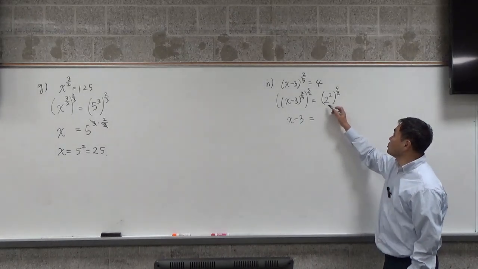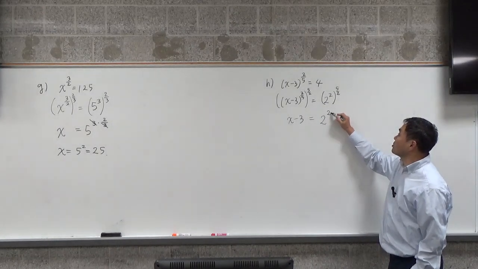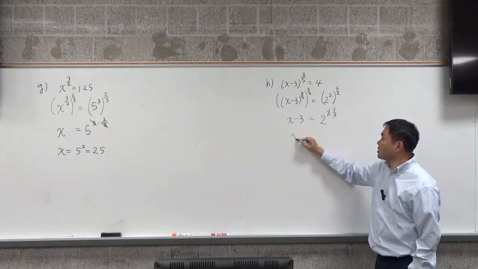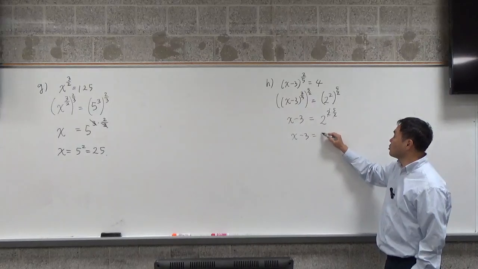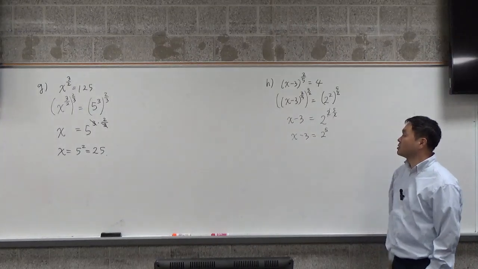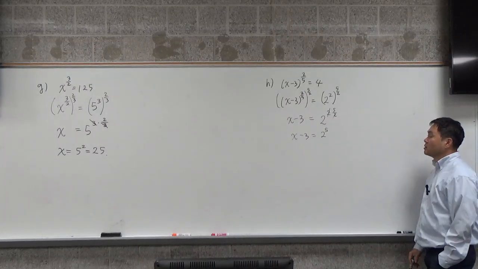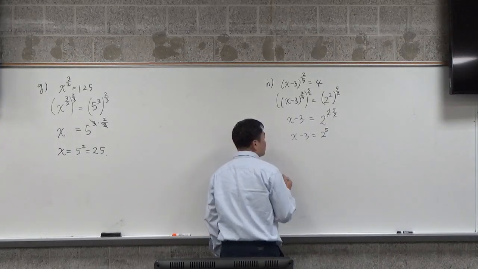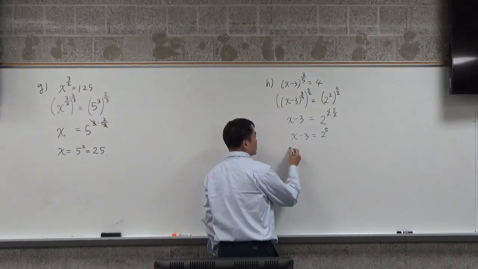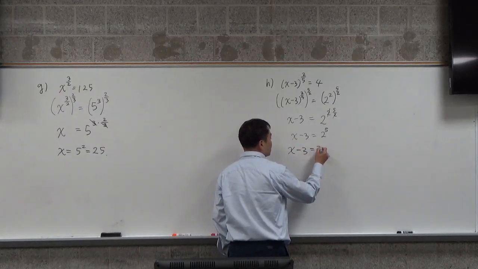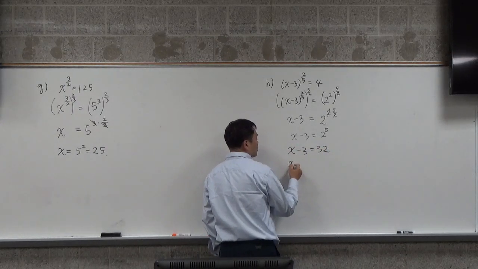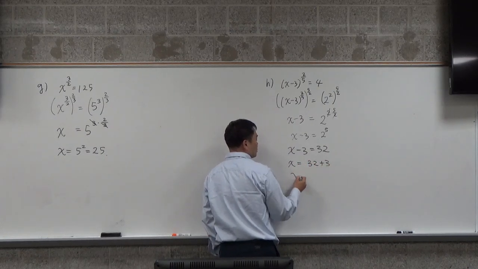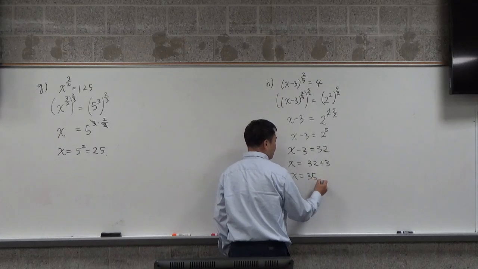On the right side, you have 2, so 2 times 5 over 2. The 2's cancel, and you get x minus 3 equals 2 to the 5th power. And what's 2 to the 5th power? 32. So you add 3 to both sides, and you get 32 plus 3, which is x equals 35.